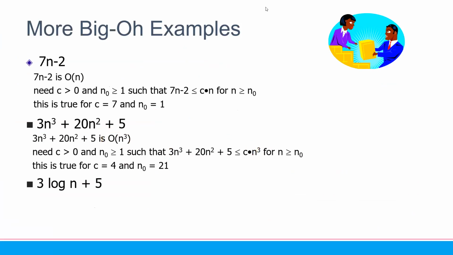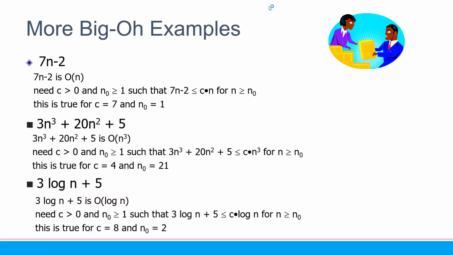What about 3 log n plus 5? The same idea as the previous one. We can look at the formula 3 log n plus 5 less than or equal to C log n. And when you do the derivation, you can get C equal to 8 and N0 equal to 2. So for all of these, it is true.